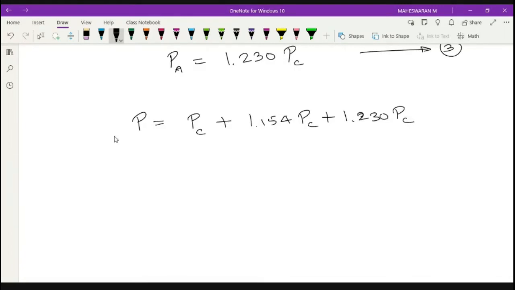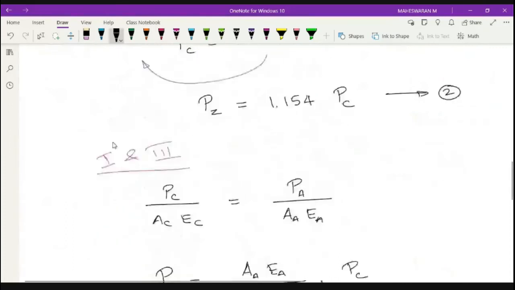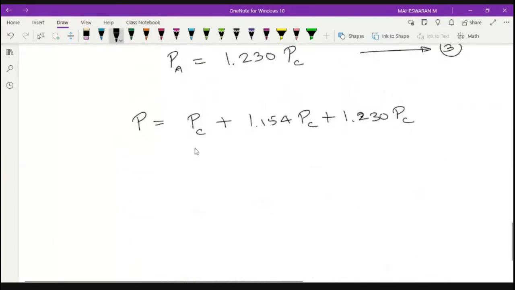P is the total load, which is 250 kilonewton. Adding, 1 plus 1.154 plus 1.230 gives 3.384.